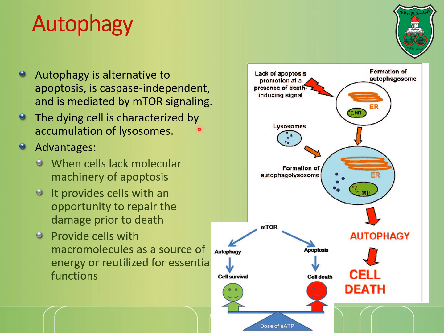So what happens is that when cells are under stress, if the environment is hostile, if they have lack of nutrients, they would degrade macromolecules inside them, including organelles like mitochondria, releasing the macromolecules to be used as a source of energy.